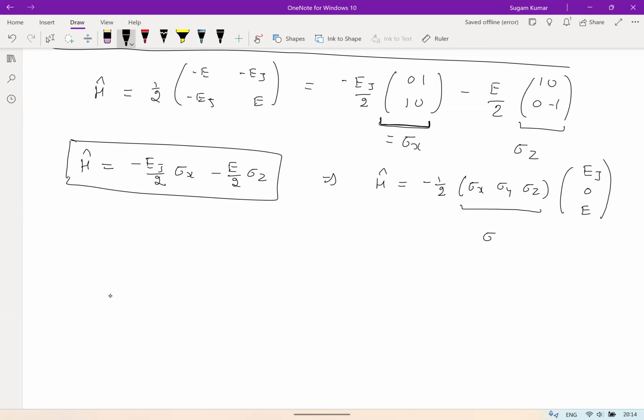It is a sigma. And if I call this quantity, let us say, BE, then this whole equation is actually equal to minus 1 by 2 times sigma dot BE. So this is the Hamiltonian for the charge qubit.